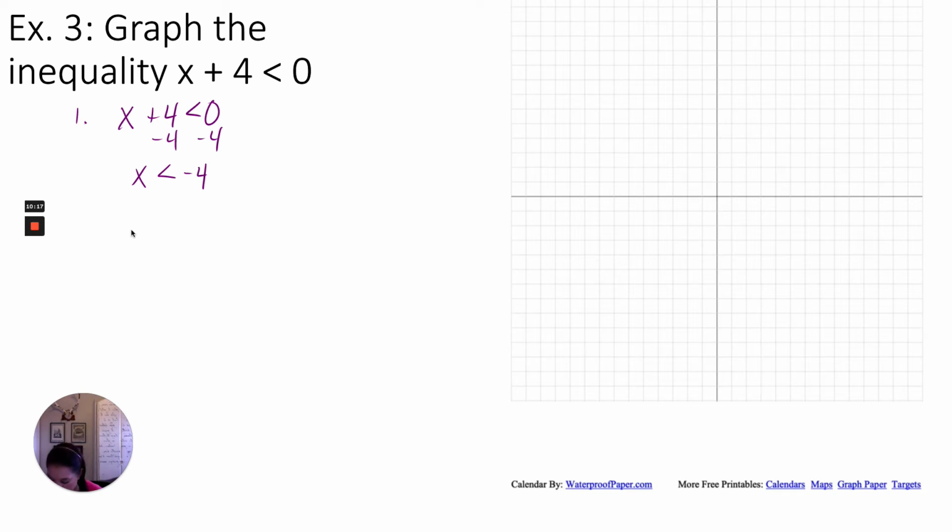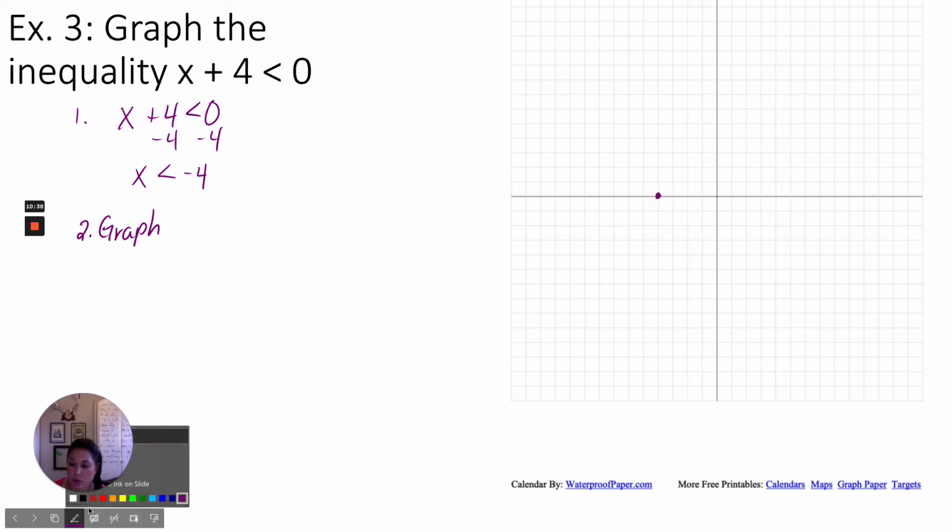Now I'm going to graph. Okay, I have one intercept, that is my x, so I am going to find negative 4. And before I even do that, I need to consider my inequality symbol.